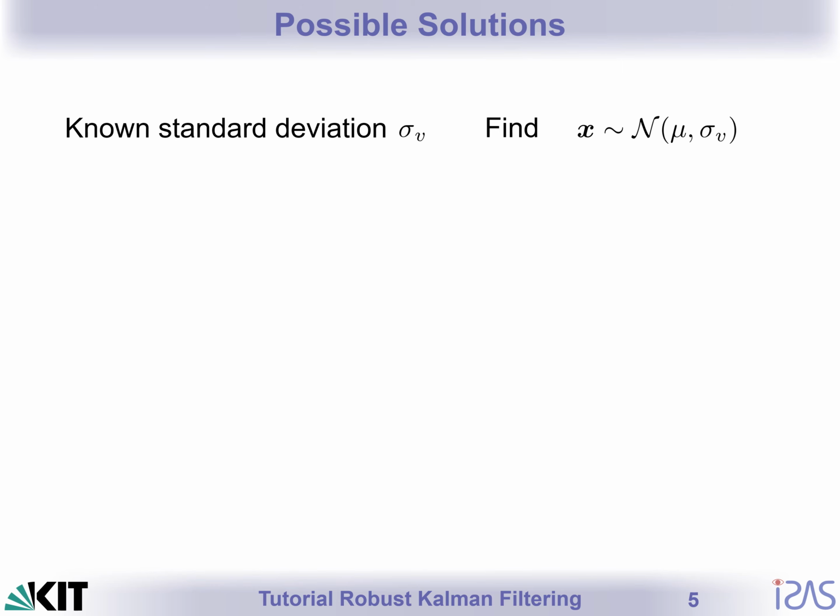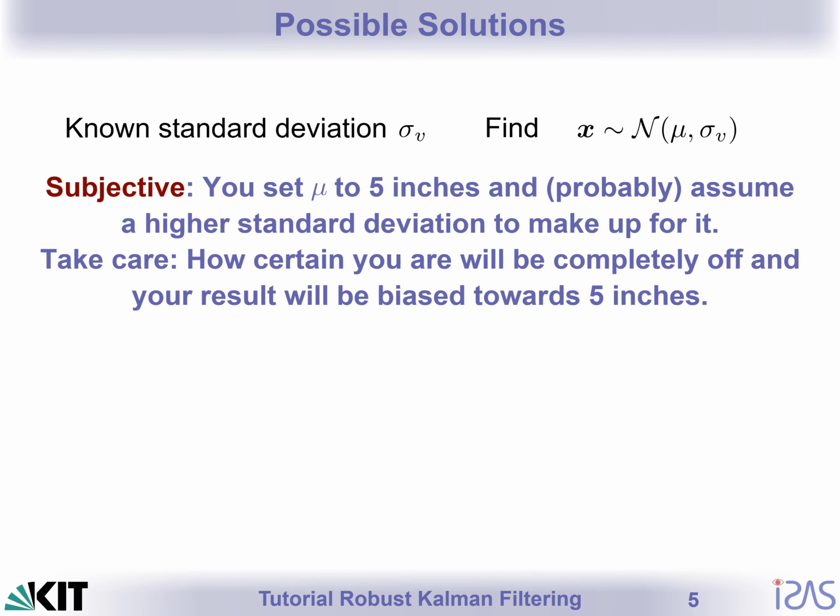As I said, we know it's normally distributed and we have a known standard deviation. So what we do need now is the mu parameter of that normal distribution. So you can do the subjective Bayesian. Maybe some of you have chosen this way.